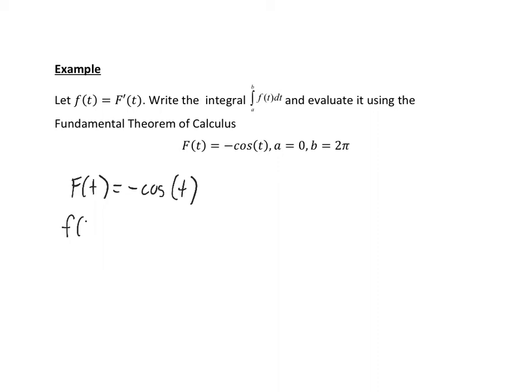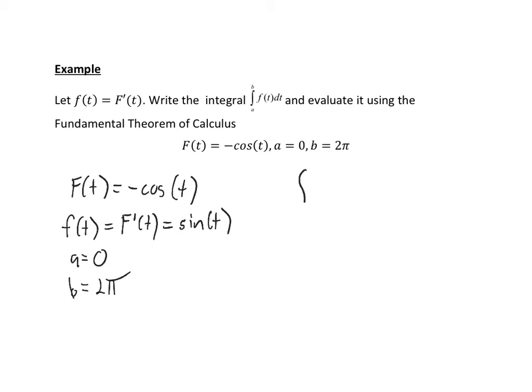Well, the lowercase function f of t is going to equal the derivative of the uppercase function. If we did the derivative of negative cosine t, we know the derivative of cosine is negative sine, so negative negative sine is actually positive sine of t. So that's our f of t function. We know a equals 0 and b equals 2 pi.